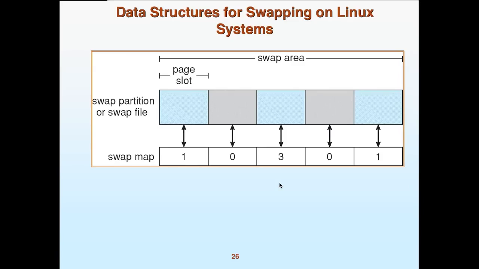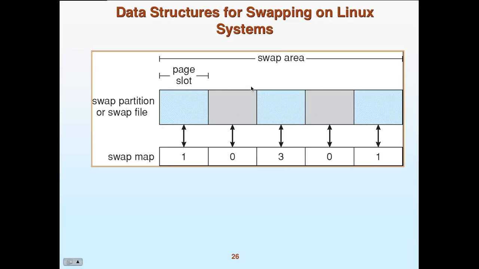Here's the data structure for swapping on a Linux system. We have the swap area. We have page slots. So these swap areas would hold pages. This is basically the equivalent size of a virtual memory page. So your memory is partitioned into pages, and those pages are holding frames, and that frame information is a certain format in terms of its size and length.